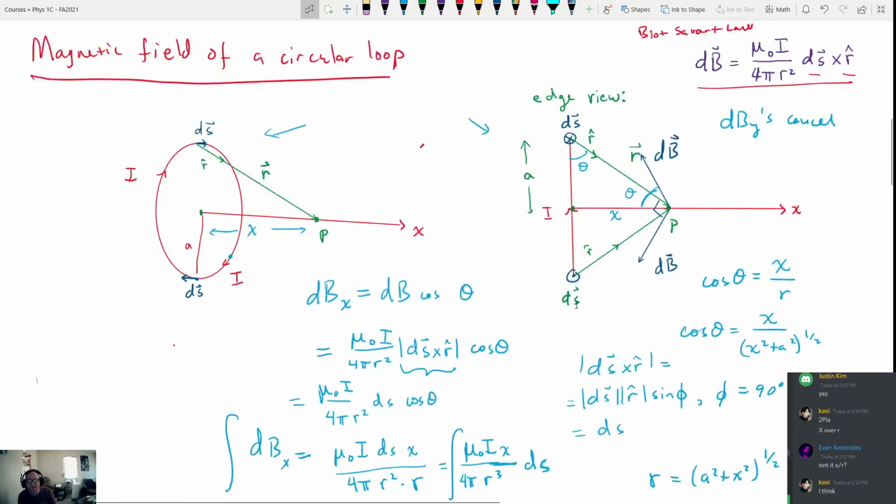Oh, I know. I see what I did wrong. My cos theta was wrong. The reason it's wrong is because of the way that I drew this. If you look in the actual triangle here, this is theta, so the adjacent side is a.